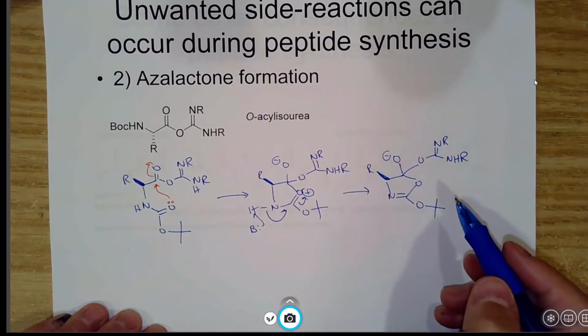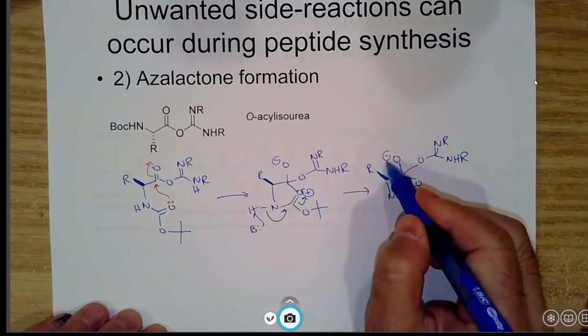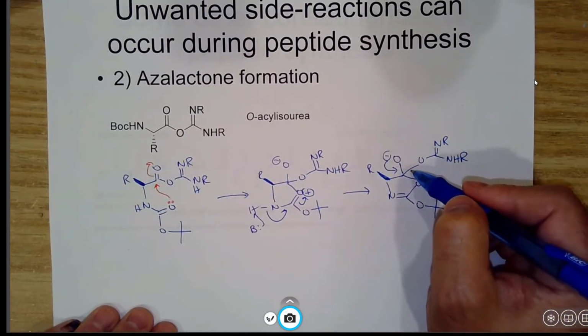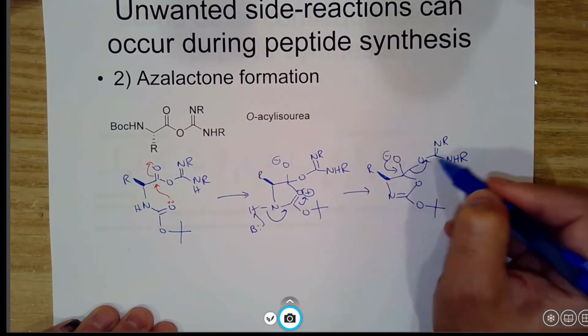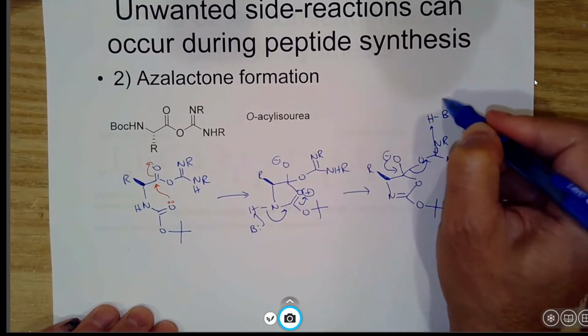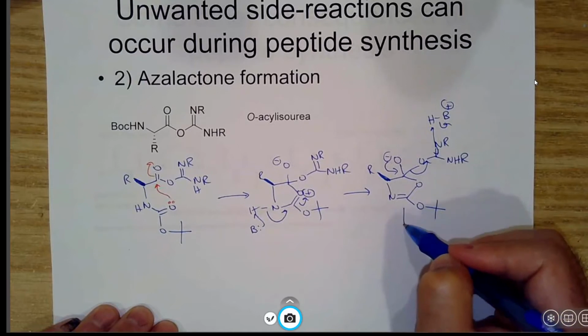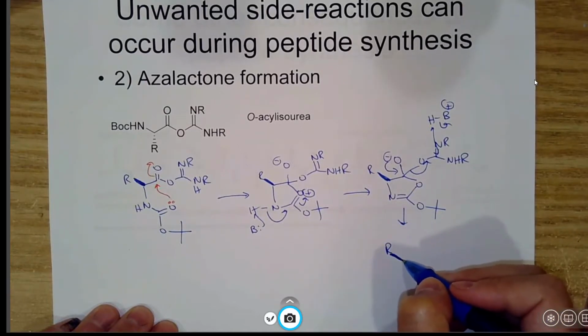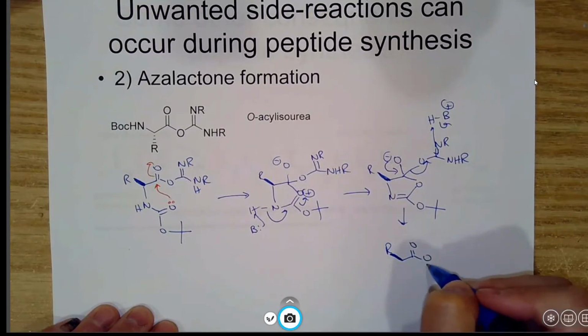At this stage, we're going to have the oxygen electrons come down, and we're going to remove our O-acyl urea group to reform this ketone. Keep in mind, I still have the same stereochemistry at this position.